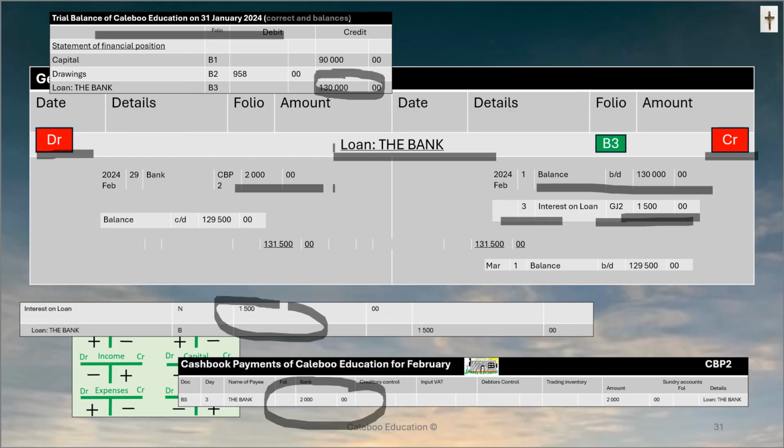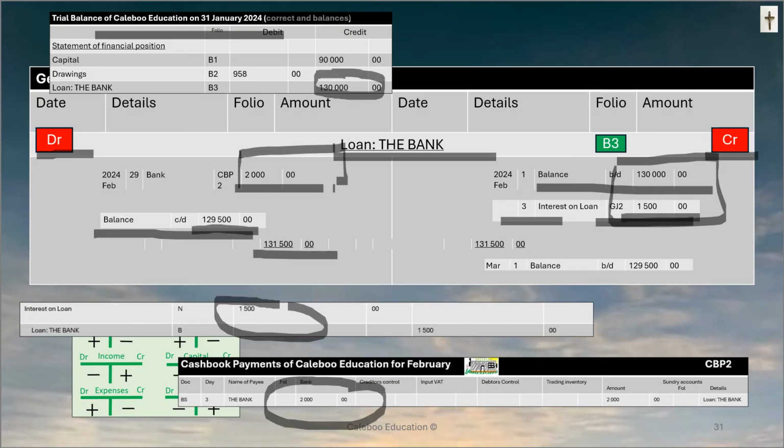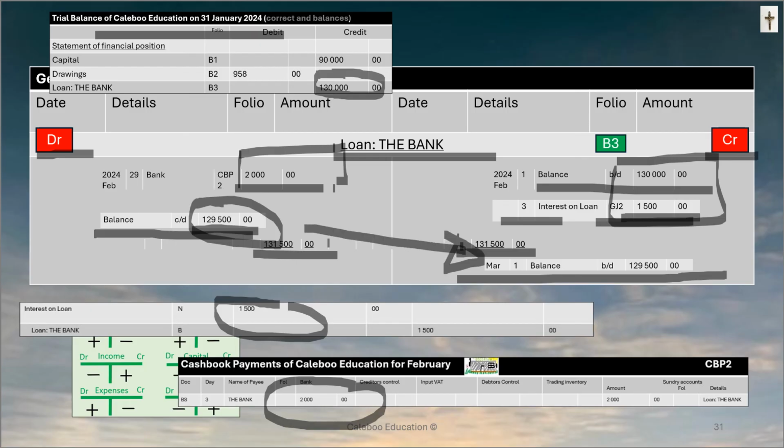Now we check which side is bigger. The credit side is bigger than the debit side by the balance carried down, which is 129,500, an amount which makes the two sides equal. So on each side, there's now, with the carried down being added, a balance of 131,500. But those are just the totals. Then on the first day of the next month, we have on the opposite side to the carried down the balance brought down.